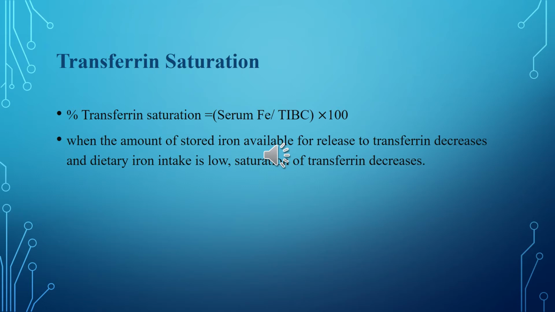In case of iron deficiency, the total iron binding capacity increases and transferrin saturation decreases. In hypoxia, during pregnancy, and during estrogen replacement therapy, TIBC increases, and TIBC decreases during nephritis. Transferrin decreases with PEM, protein energy malnutrition, fluid overload, and liver diseases.